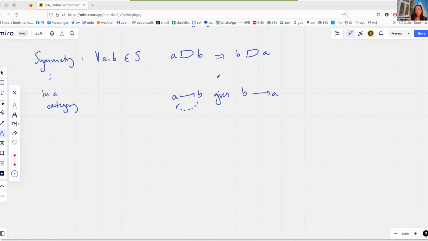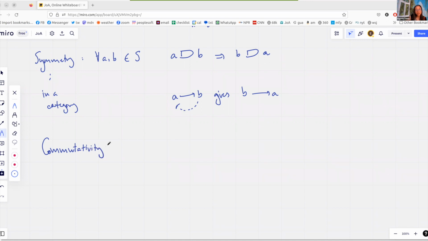Whereas commutativity is about switching the sides in an operation. So commutativity, oh dear, I can't spell.